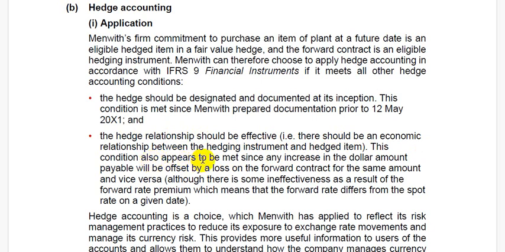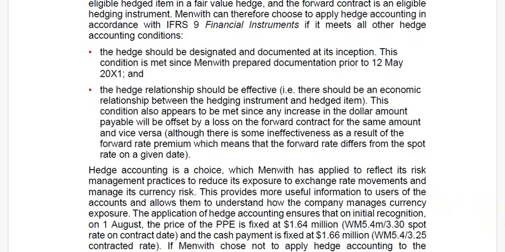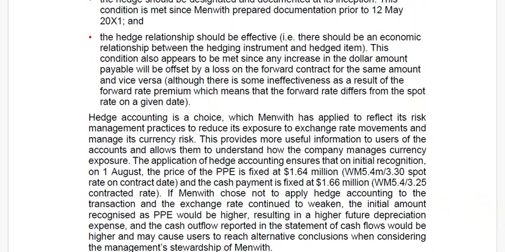This condition also appears to be met since any increase in the dollar amount payable will be offset by a loss on the forward contract for the same amount and vice versa, although there is some ineffectiveness as a result of the forward rate premiums, which means that the forward rate differs from the spot rate on a given date.